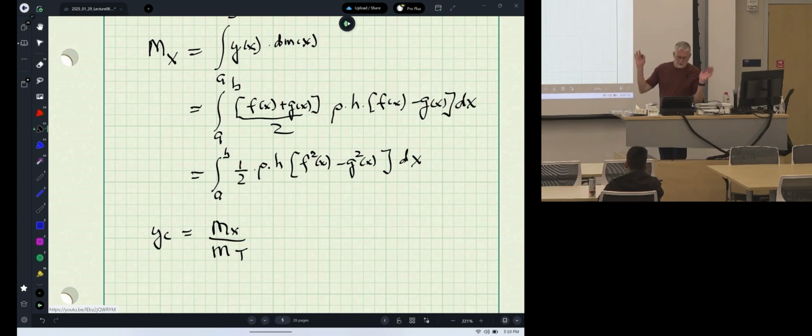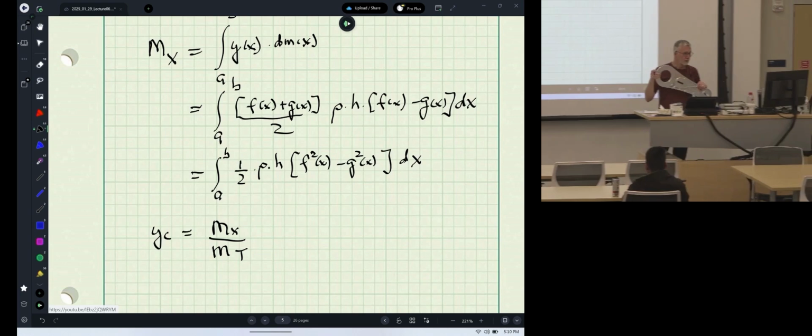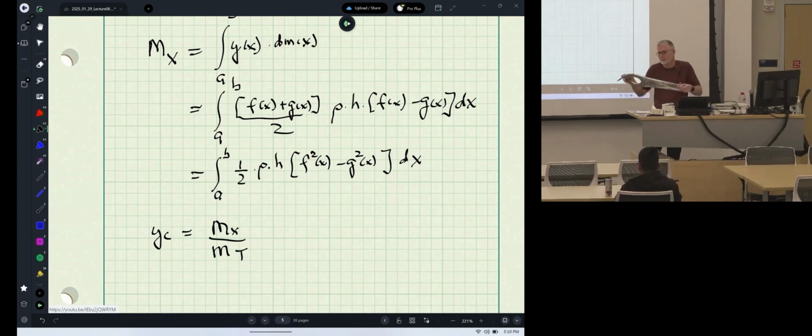Doing these calculations by hand is a real nightmare for most realistic robot links. Fortunately, when we do things in CAD, they compute all this stuff for us.